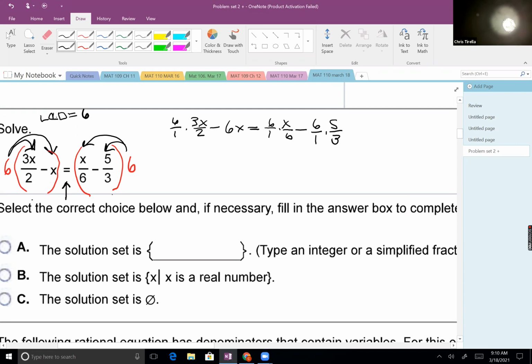And for just a half a second, that looks much more involved than our original equation. But if we chose the right common denominator, each of these denominators should go into 6.